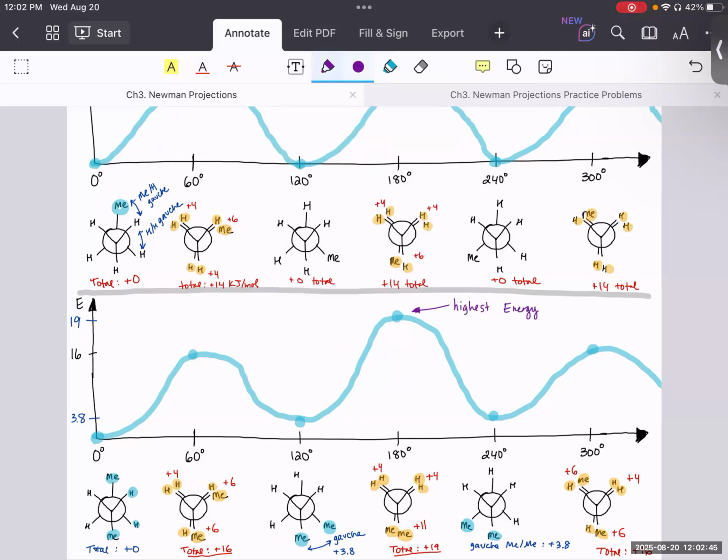And so a very common question on homework assignments is to label the least stable conformer. And so that's going to be the one with the highest energy. You could also be asked to label the most stable or lowest energy, which is going to be at 0 degrees, where those methyl groups are anti to each other.